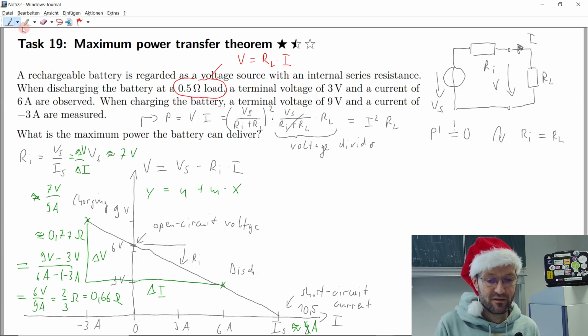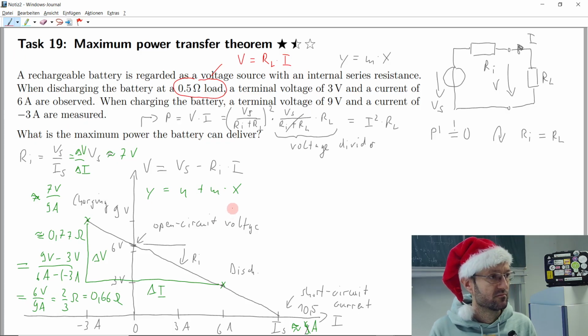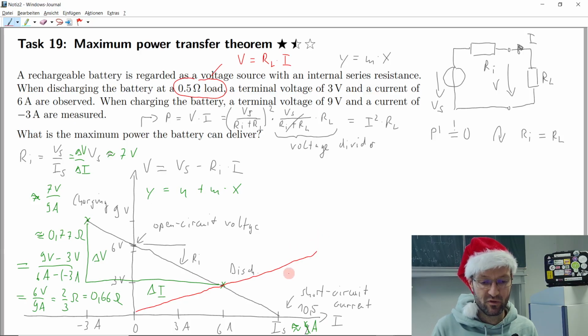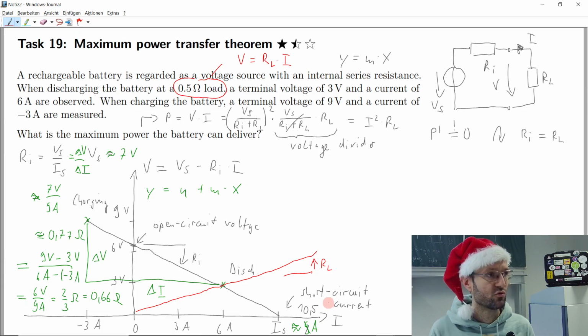It's the same as y is m times x. The characteristic of a resistor in a voltage current diagram according to Ohm's law is just a straight line going up, with a slope that corresponds to the load resistance.